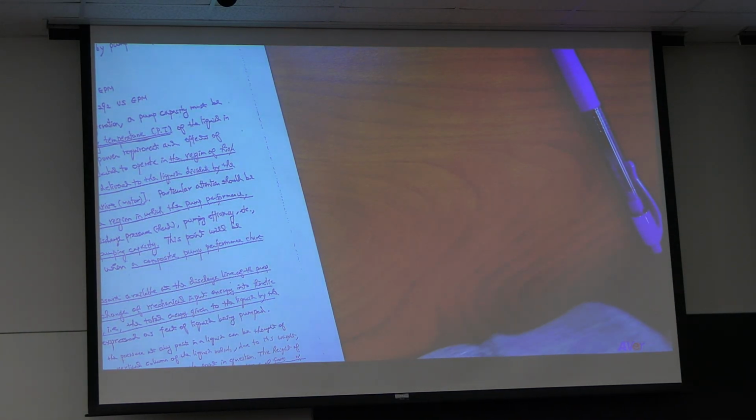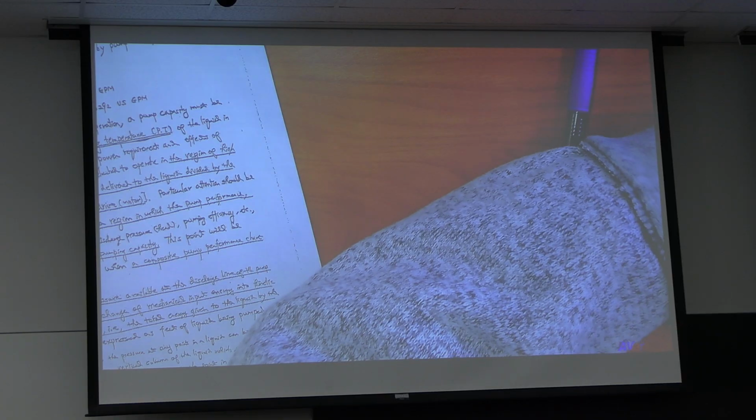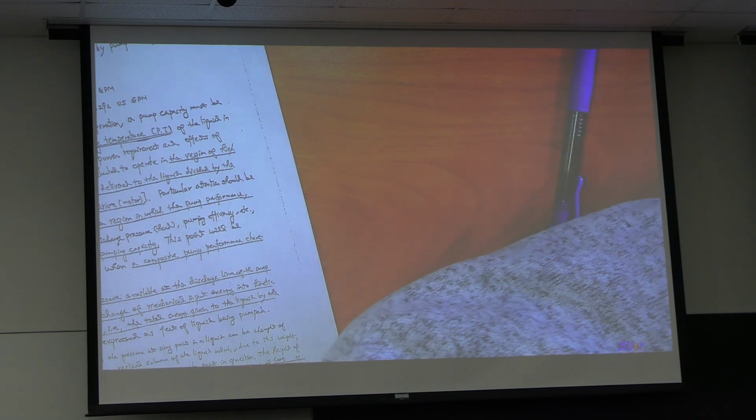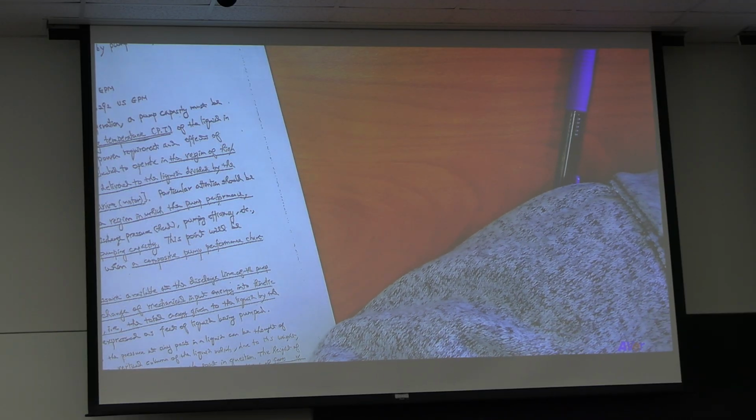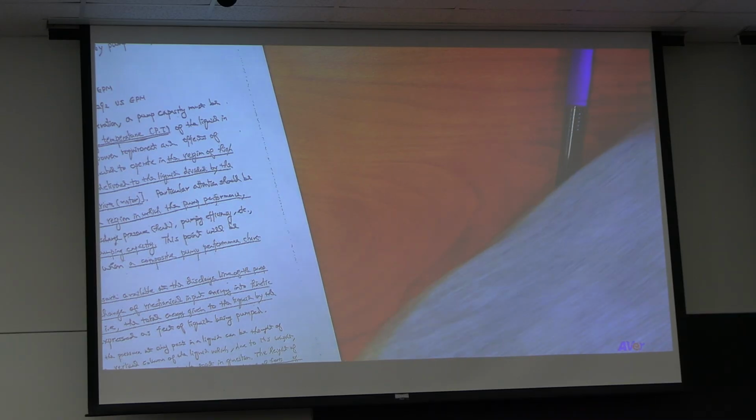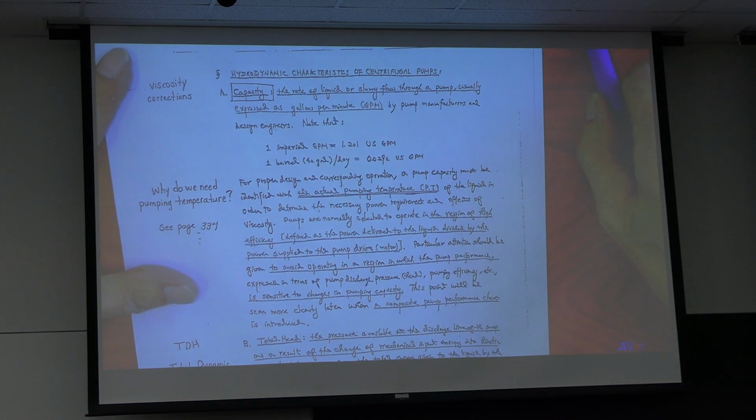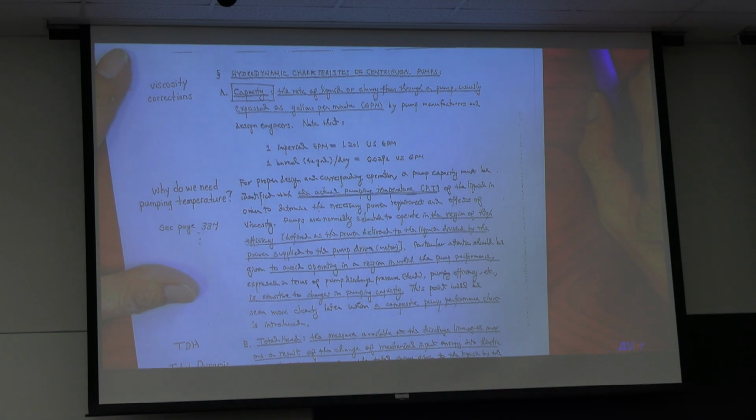Page 308. Hydrodynamic characteristic of centrifugal pump.